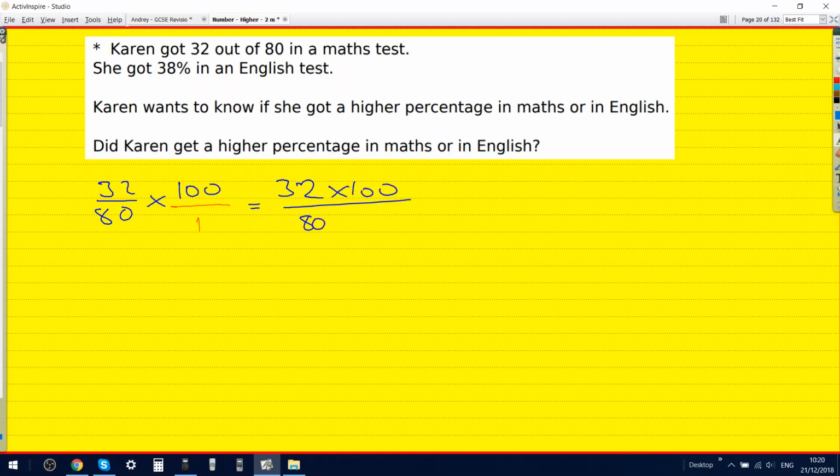Anything you can do, divide the top and bottom by? 32 divided by 1. How about 100 over 80? Can you simplify that? To like 10 over 8. So that's the obvious thing, yeah. Can you make things simpler?